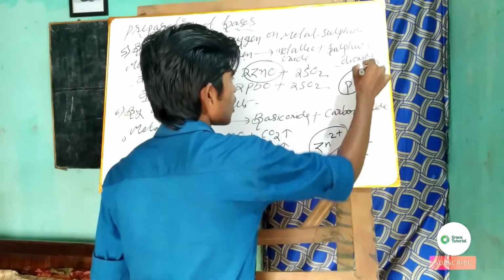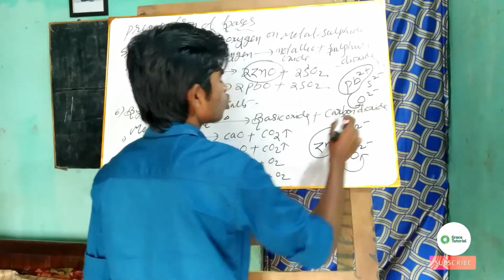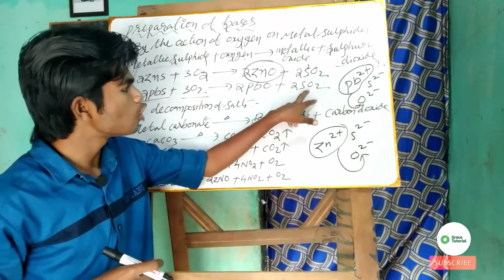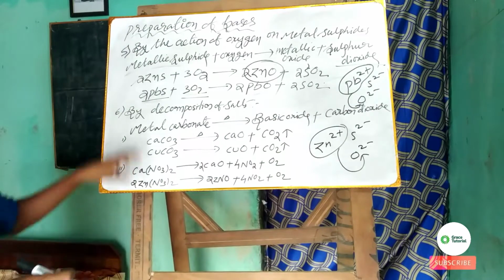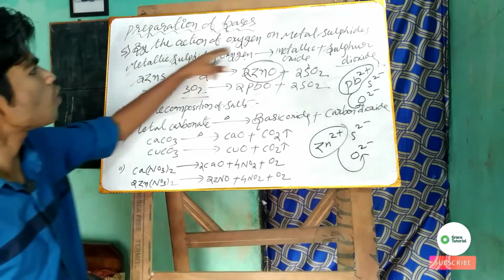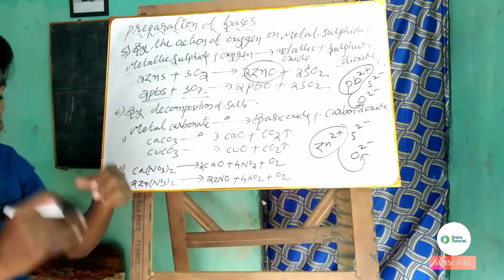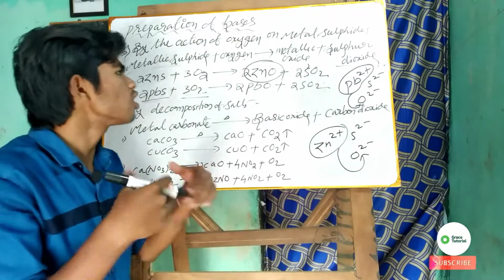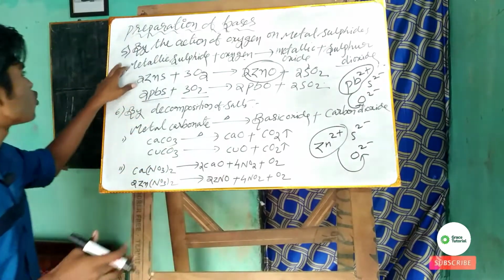The positively charged part of this one will react with O2- and it forms PbO, that is lead oxide, with the evolution of sulfur dioxide gas. So this is all about the fifth method of preparation, that is by the action of oxygen on metal sulfide. That means whenever the metal sulfide reacts with oxygen, then what happens and what is obtained. That's all about the fifth method.